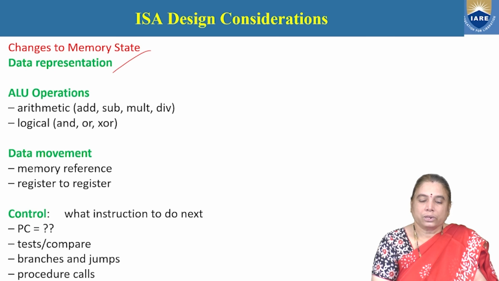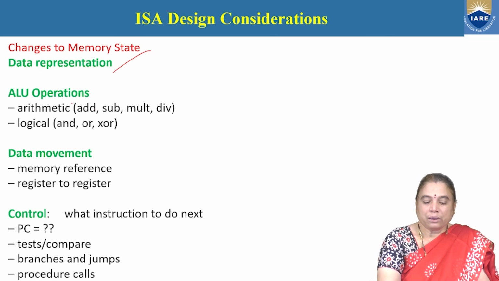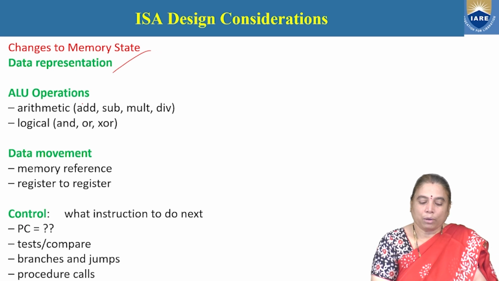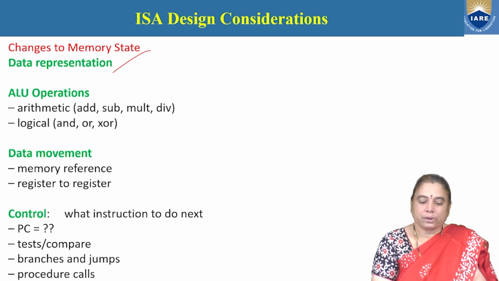All these instructions have to be designed carefully, which can facilitate the ALU operations. Next, data movement can also be considered here. How the memory referenced instructions, register referenced instructions, IO referenced instructions, and how these data movement can be carried out is the third design consideration.